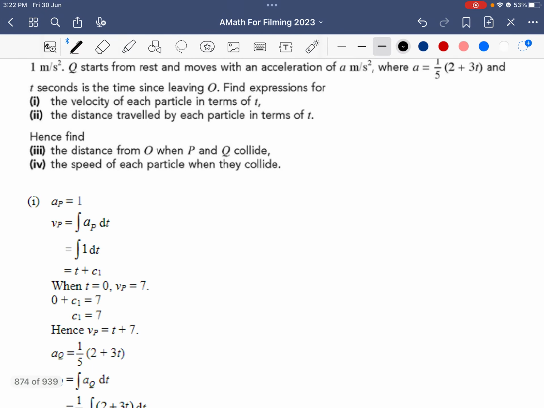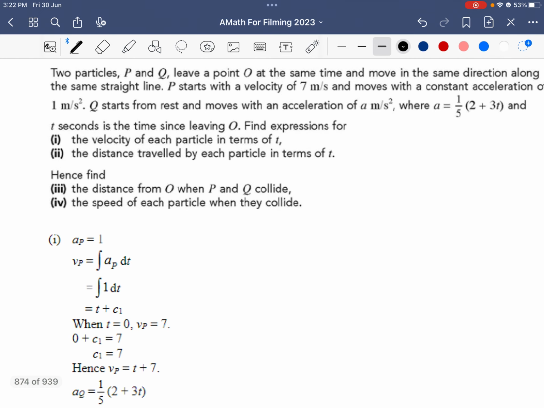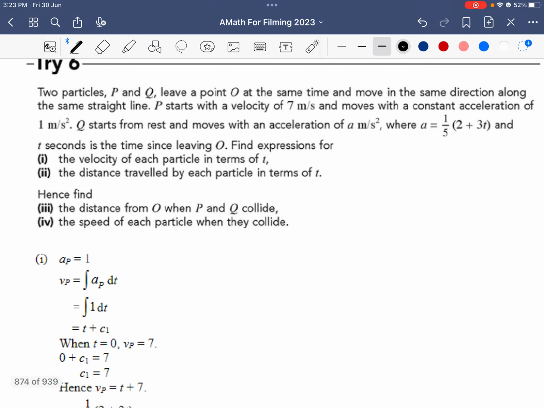Now for the first part, the velocity of each particle in terms of t. There is quite a lot of information here. I can start with P. They tell us that P moves with a constant acceleration of 1 meter per second squared. If I integrate to get my velocity, I integrate 1 with respect to time and get t + c1.